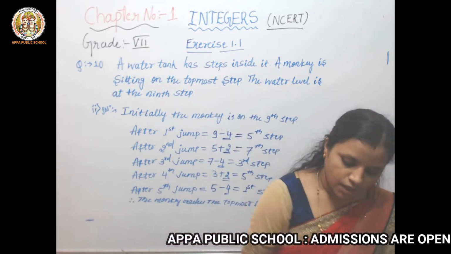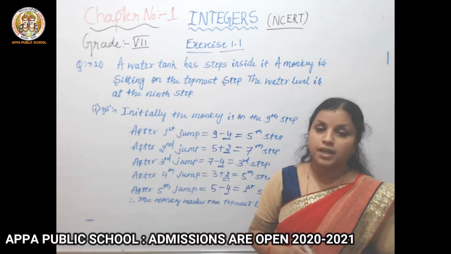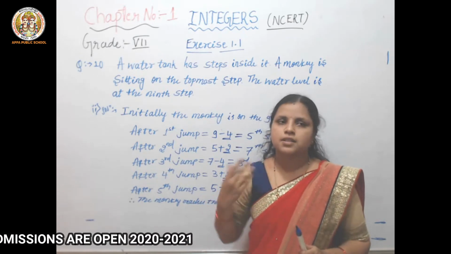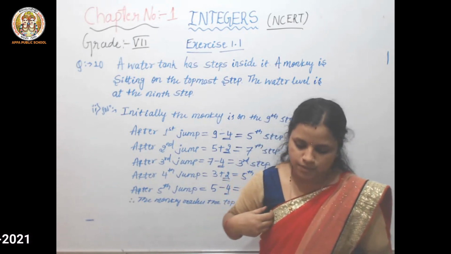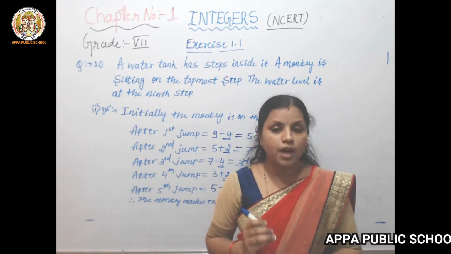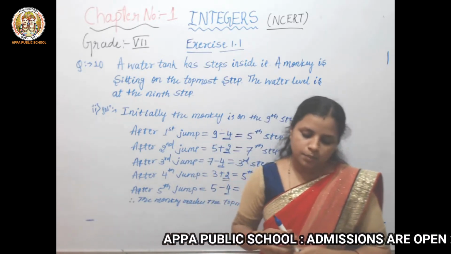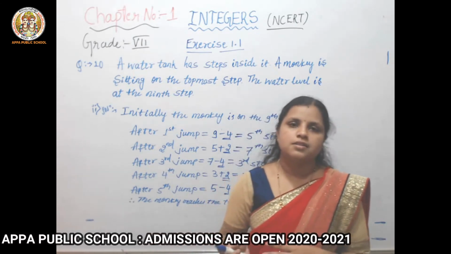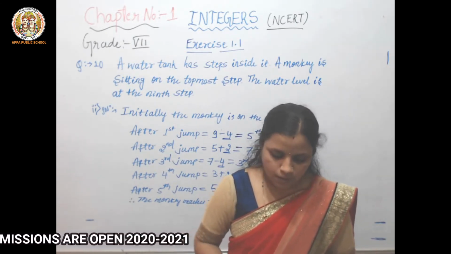As you see, if the number of steps moved down is represented by a negative integer, here we are taking step down as negative. In the question itself they mention that steps moved down are represented by negative integers, and the number of steps moved up by a positive integer.